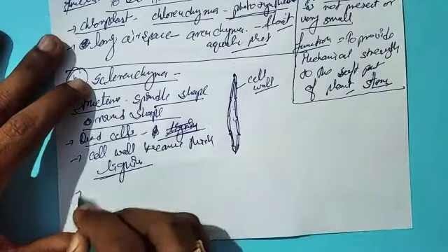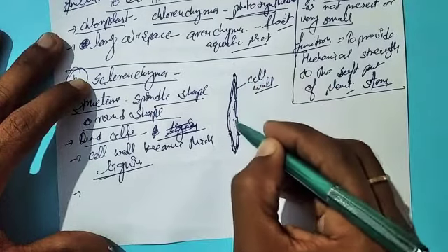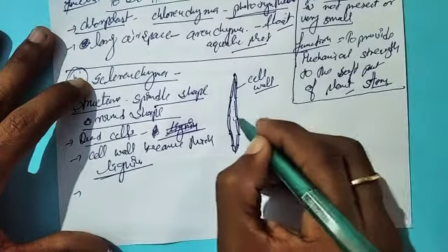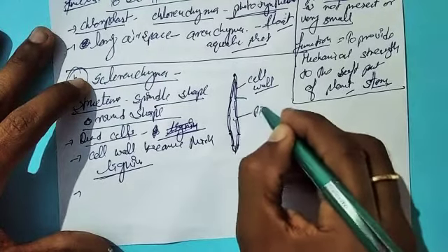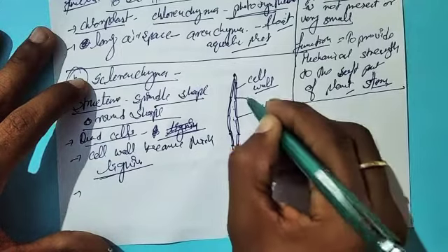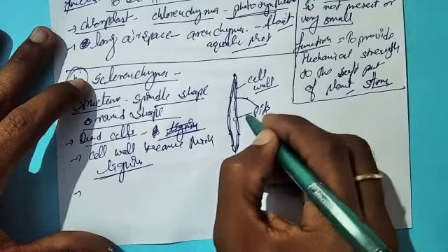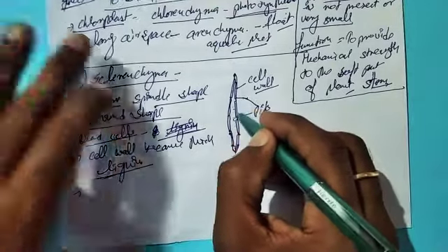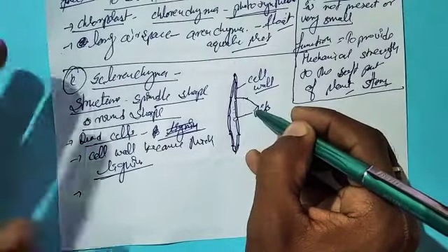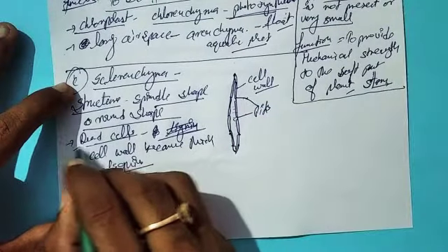And the second important thing: in the cell wall some pits are also seen. Through these pits, the cytoplasm comes out from the cell. That's why they become dead.